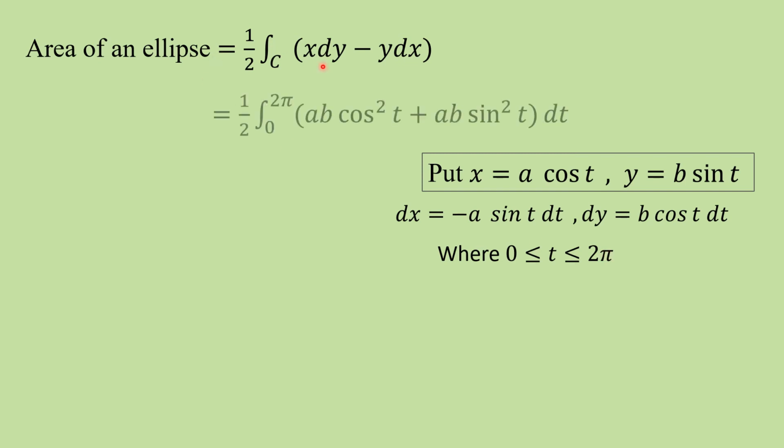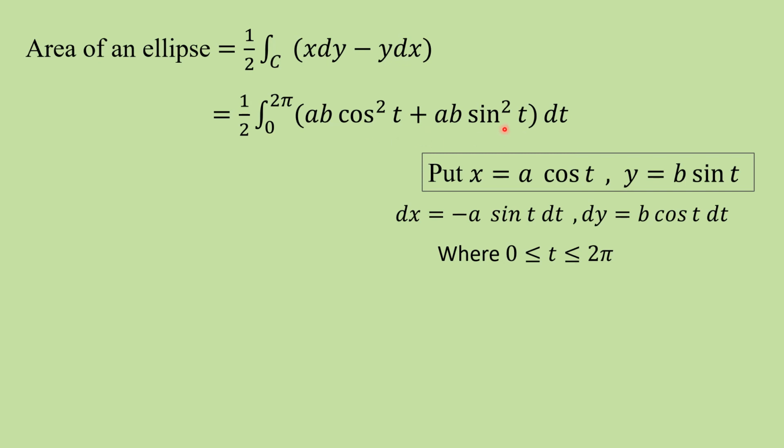Substituting here, x dy is a cos t into b cos t dt, so ab cos squared t dt. Then minus y dx is minus b sin t into minus a sin t, so plus ab sin squared t. Since ab is a constant, cos squared t plus sin squared t is nothing but 1.